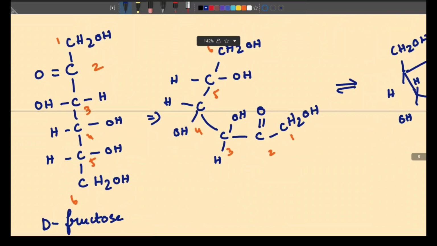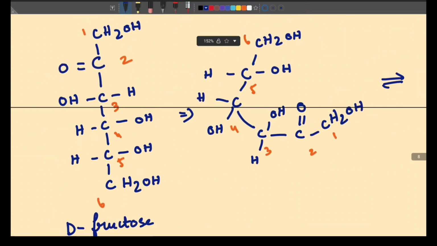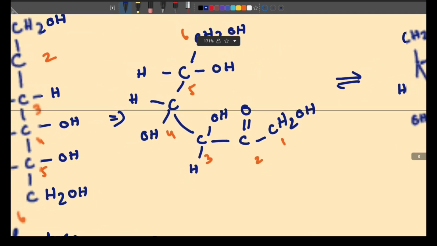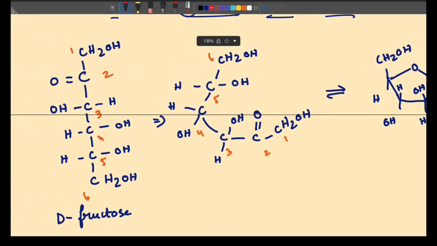Since we have understood glucose, let's take an example of fructose. Same as before, I have divided this into 6 carbon and we have to bend the carbon chain. Now here is an important part. As I told you, the functional group will be linked. So this is the functional group, and here it will link with the 5th carbon.